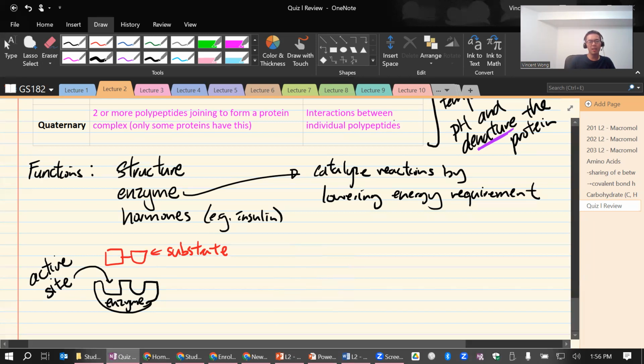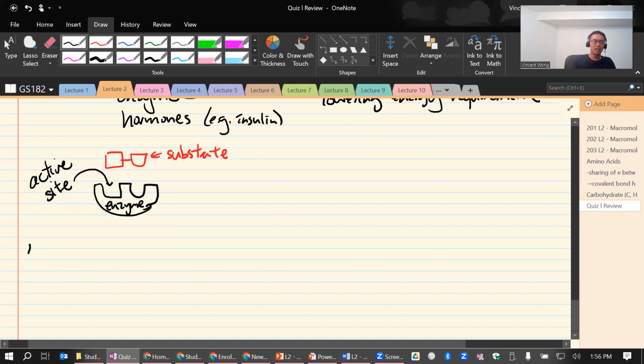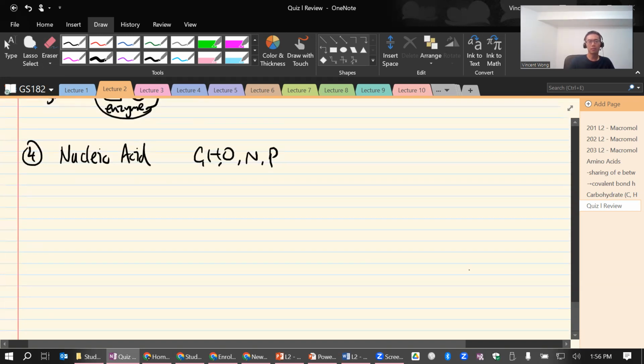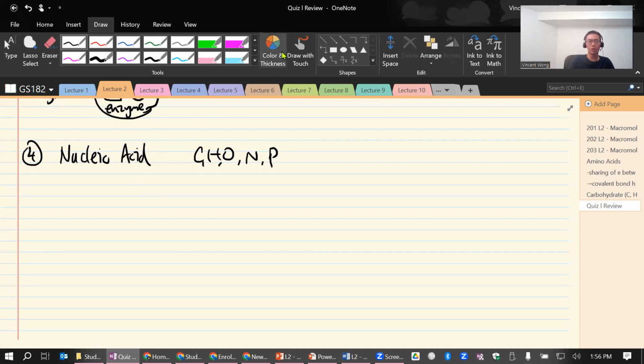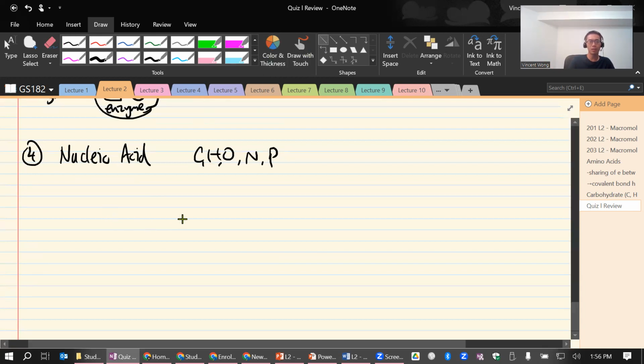I think that's most of the protein stuff. And then today we learned nucleic acids, right? Nucleic acid: C, H, O again, N and P. We literally just learned it, so I don't want to write too much. I'll do a quick comparison between DNA and RNA though.